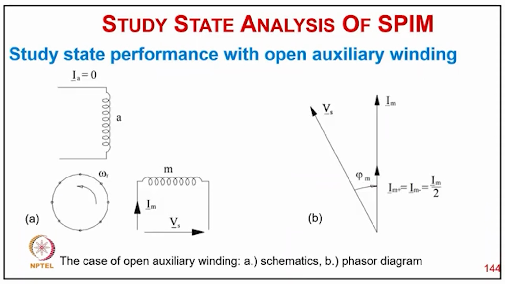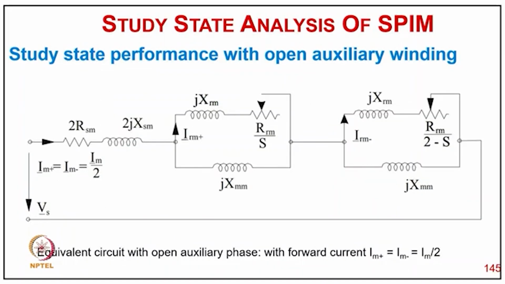You can see here the auxiliary winding current is 0 and the main winding current is with the supply voltage, with the phasor diagram of the supply voltage and main winding current with angle phi m, where of course the current Im plus equals Im minus equals Im by 2, and you have the equivalent circuit here of steady state with the auxiliary main winding circuit, which you already explained with the single winding.